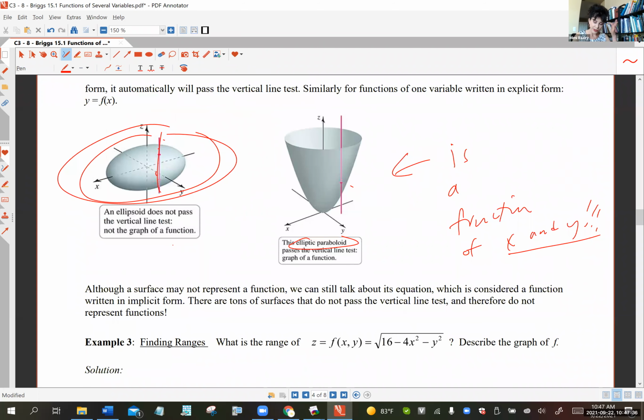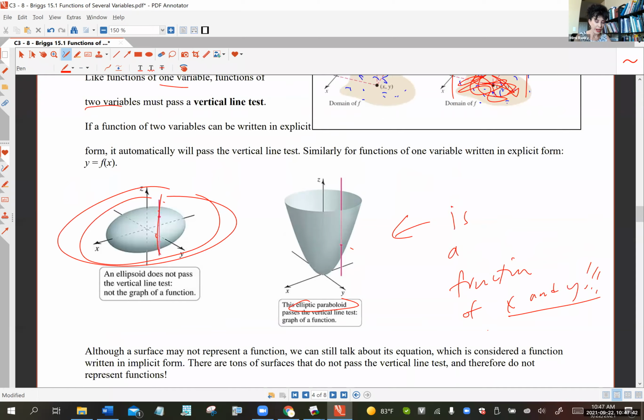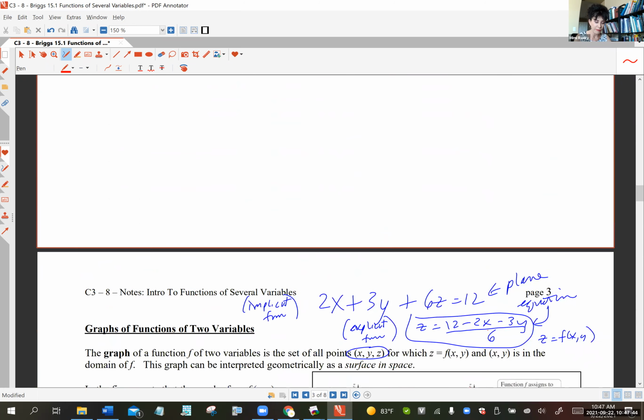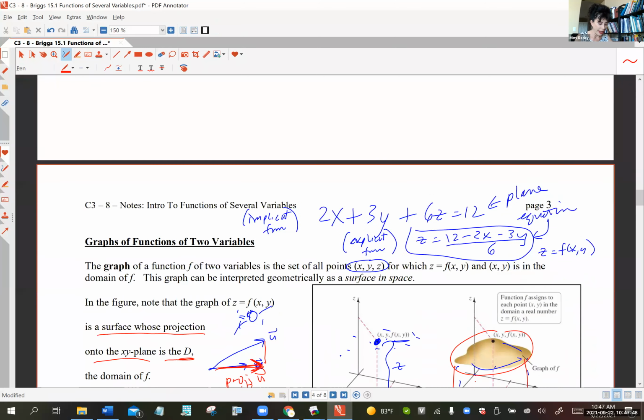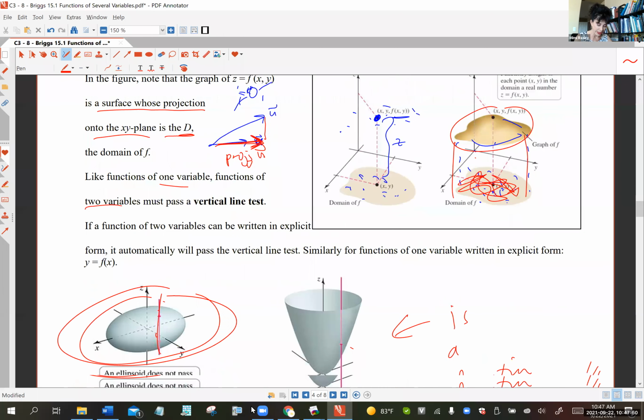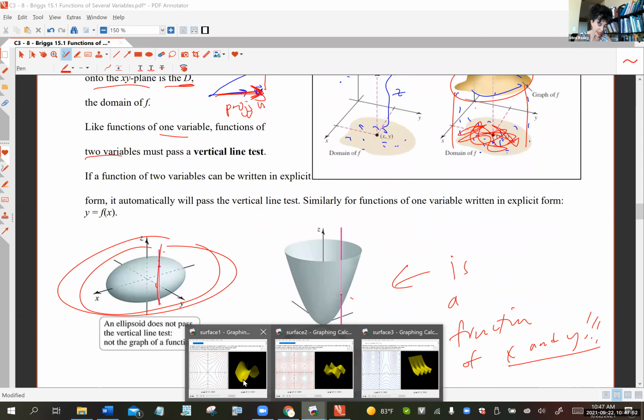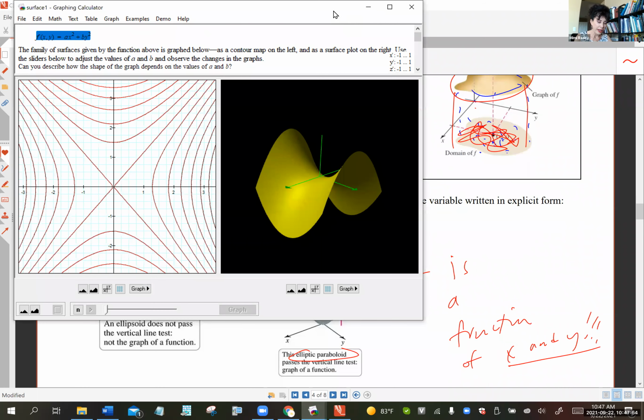So now that you're apprised of some of this, I want to show you some really cool functions that you can graph. We talked about graphing by going to GeoGebra, but I want to show you this new calc that I have. Let me show you some fun graphs here.